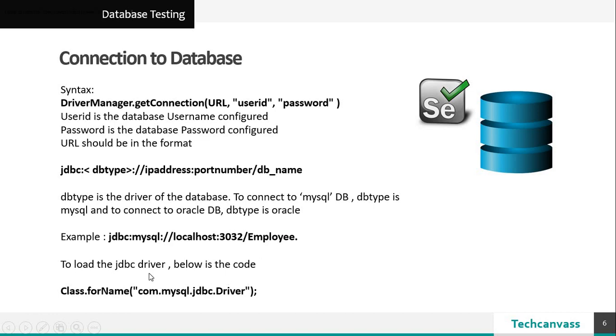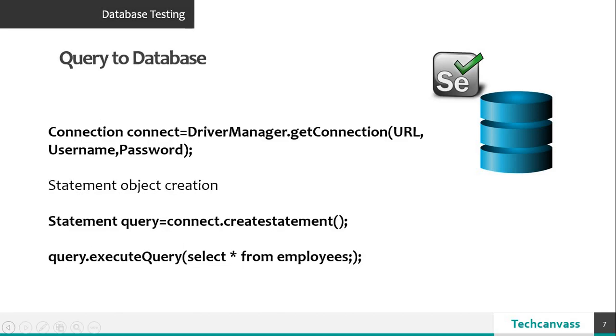So before we establish a connection to the database server, you need to load the JDBC driver using the below code: Class.forName, which takes a single argument which is com.mysql.jdbc.Driver. So once the connection is established, you need to create a statement using connect.createStatement.